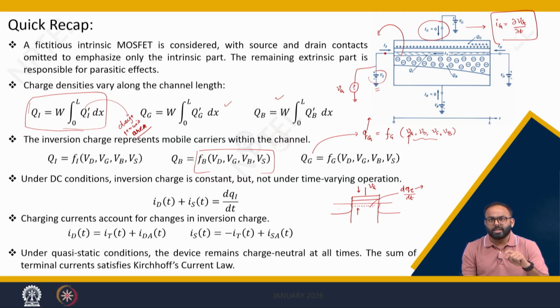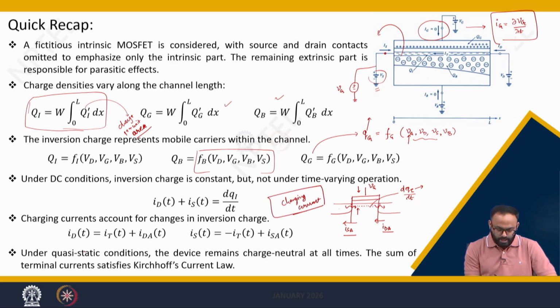Now, to increase this charge, there is a fictitious charge coming from the outside in the source. At the same time, the exit of charge at the drain will be lesser, and hence we define some additional currents which we call ISA and IDA. These are the additional currents, or charging currents. We showed using some expressions that ID(t) can be given as I(t) plus IDA(t) and IS(t) can be given as minus I(t) plus ISA(t).